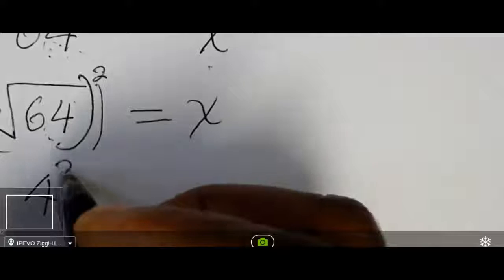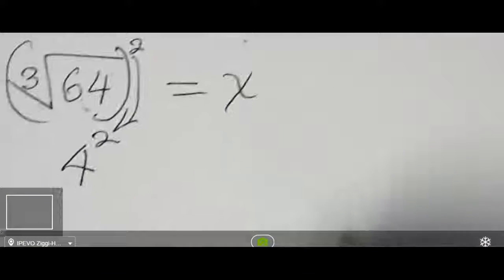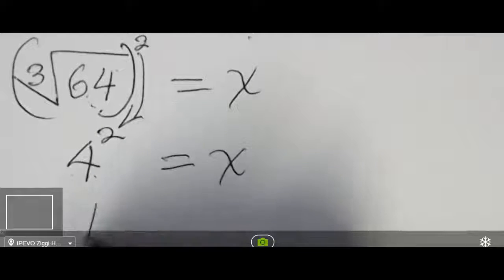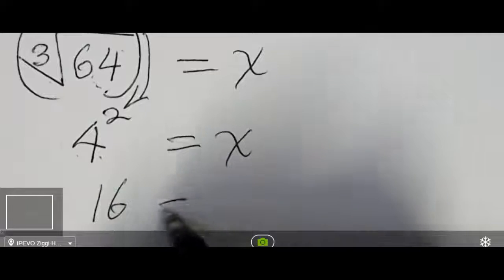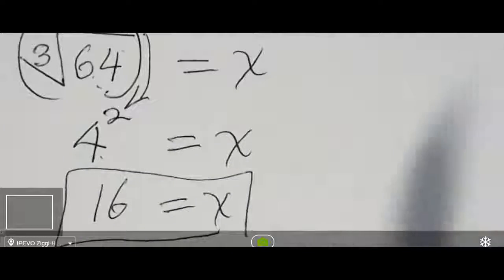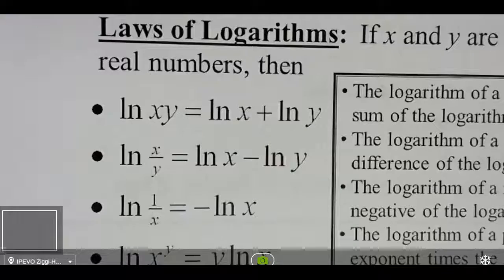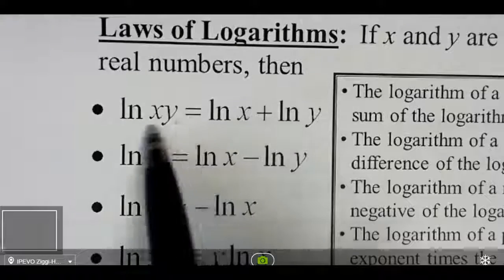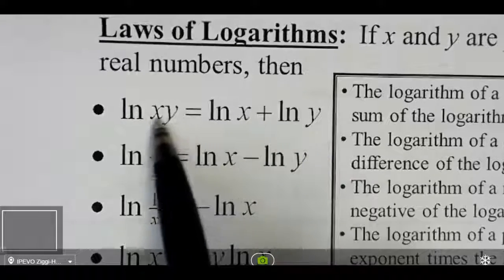Then we bring down the square. So x equals 4 squared, 4 times 4 is 16. And that's solved.